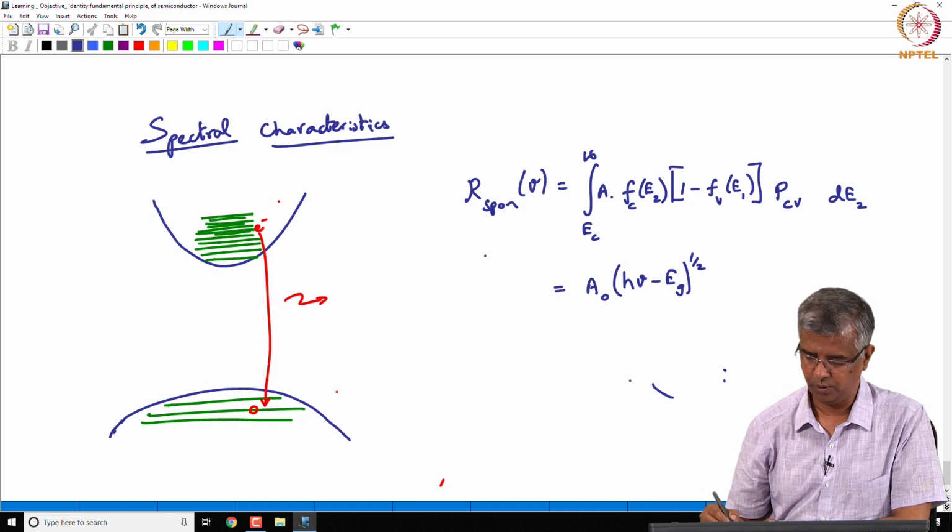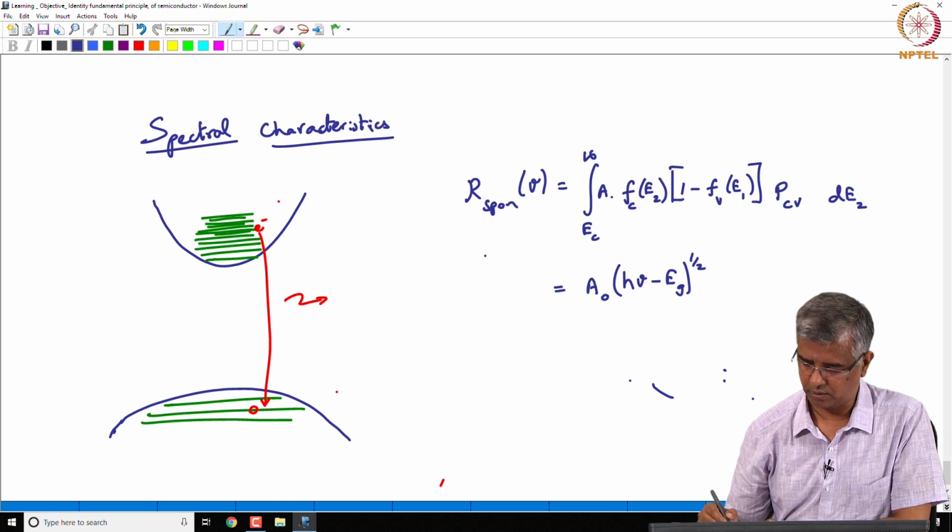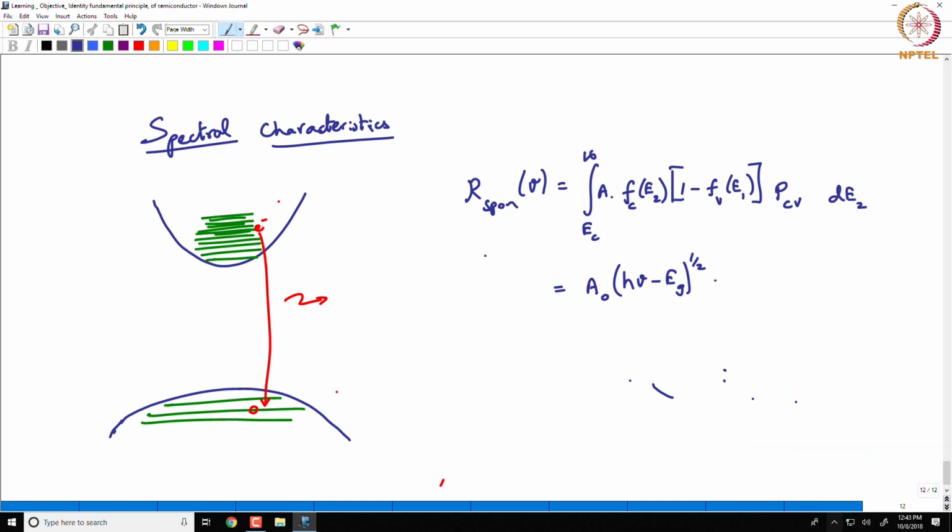And then the Fermi probability, when you look at it for both the electron and hole, that will work out to be exponential of minus (h nu minus E g) divided by k_B T. So, both of these essentially say that the spontaneous emission is going to be dependent on this factor of h nu minus E g, right.